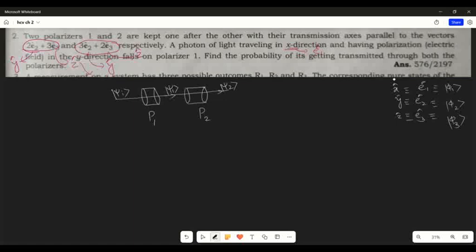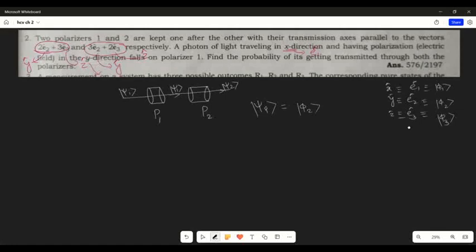So from the information provided in the question, psi initial will be phi 2, that is along the y direction.